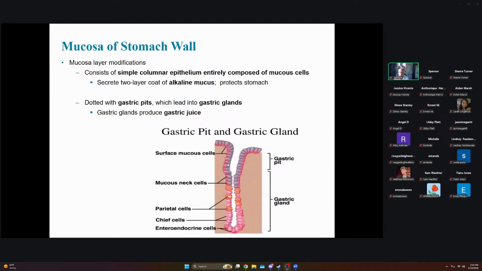It's not alkaline based like the surface mucus cells are, okay? So the best I can tell you about that is we know that that's what the mucus neck cells do. We know that they produce and secrete a mucus that is acidic in nature, not alkaline. Okay. Beyond that, scientifically, we really don't have an explanation.